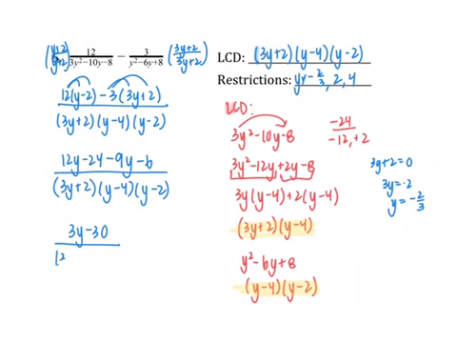And then 3y plus 2, y minus 4 times y minus 2. Now, I see that the numerator has a 3 in common, but if I factor that out, it's not going to make a difference in my answer because I cannot take a 3 out of everything in order to simplify. So I can go ahead and just leave my answer just like this.